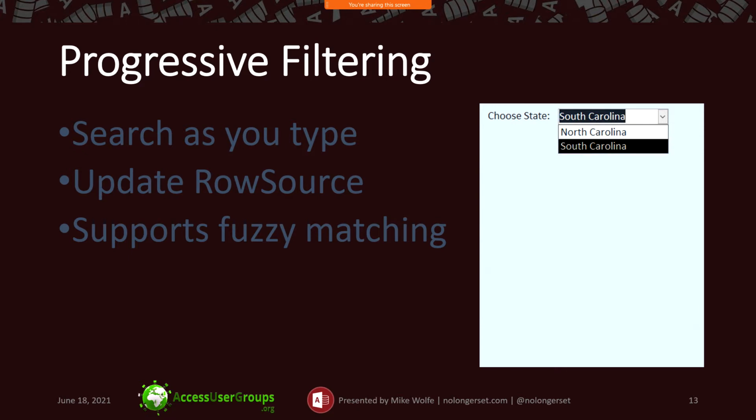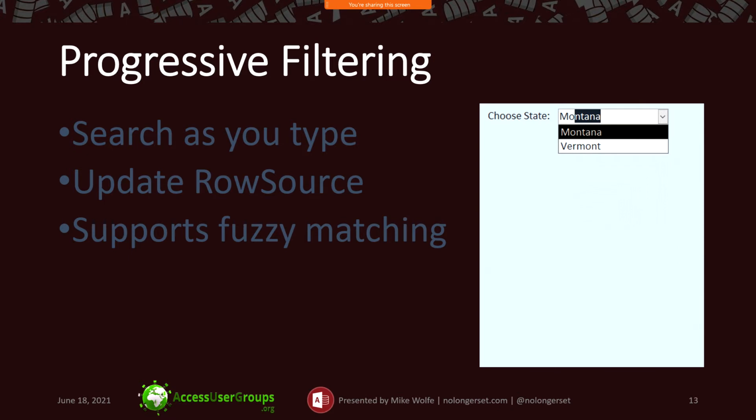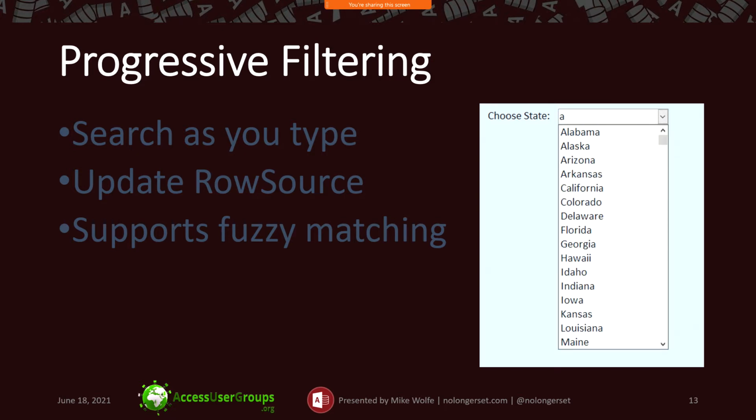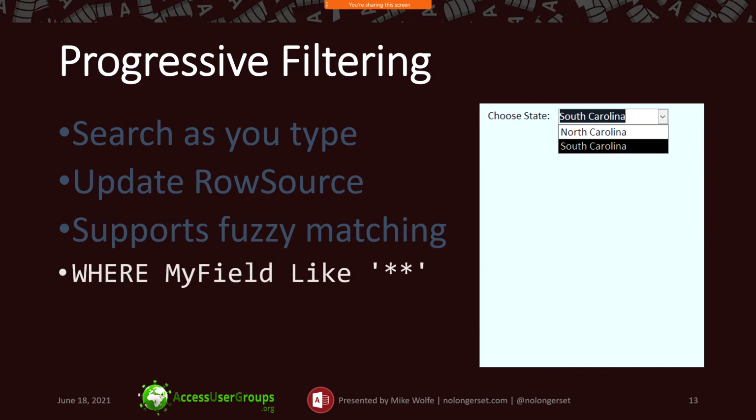So here's a quick demonstration of what it looks like, and you see as you type into the combo box, the options that are available automatically get restricted based on the text that gets entered. And for this one, again, I've got another class module that makes the implementation of this really simple.